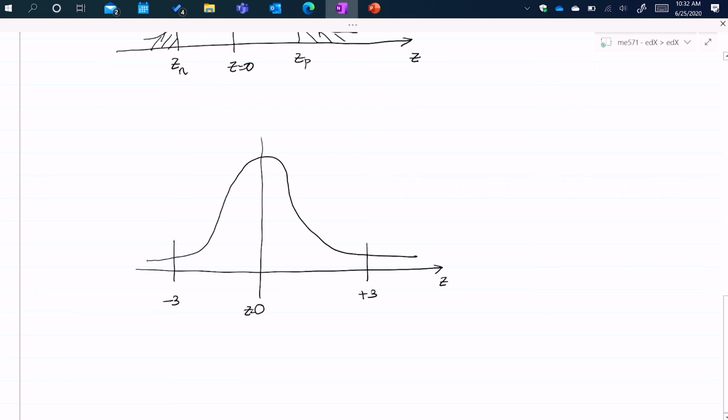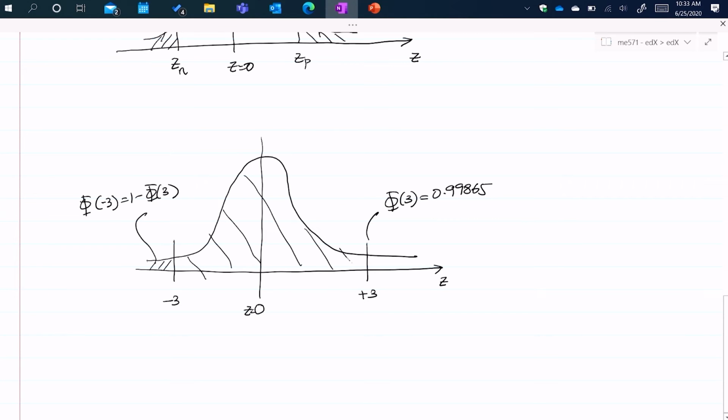And we know that this quantity here is the CDF of minus 3. Minus 3 is 1 minus the CDF of 3. And the CDF corresponding to 3 we saw was 0.99865. And what we want to know is what is the area between these limits of plus or minus 3 sigma.